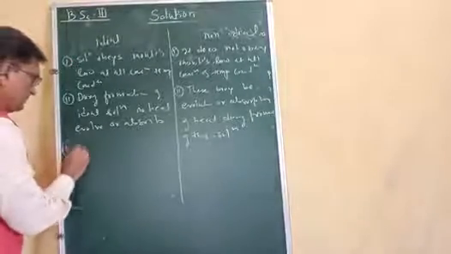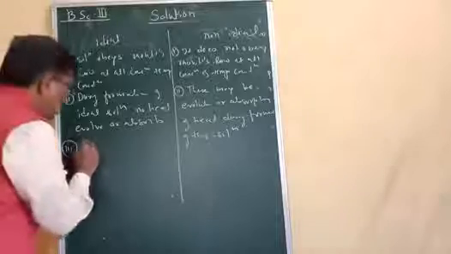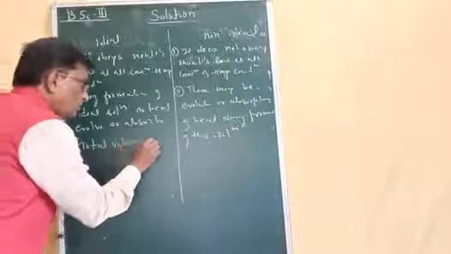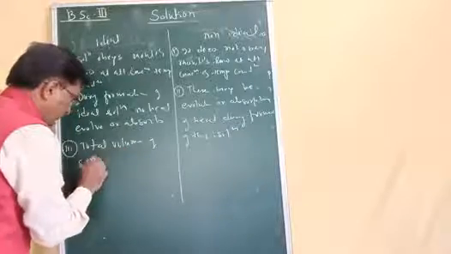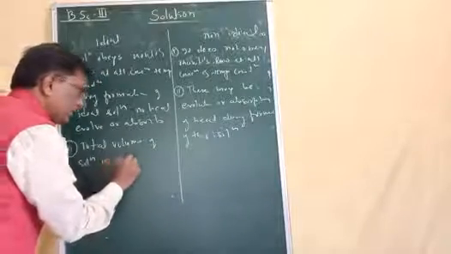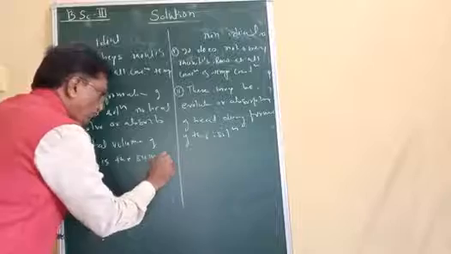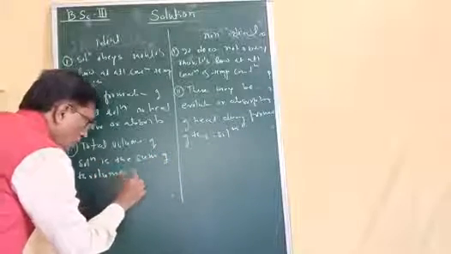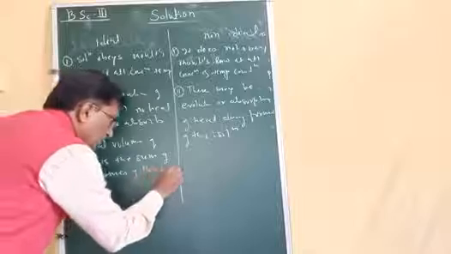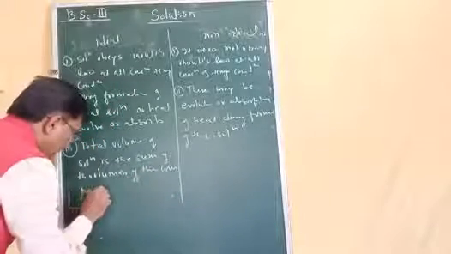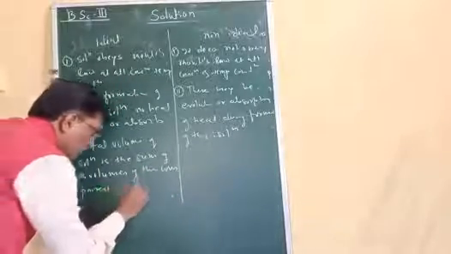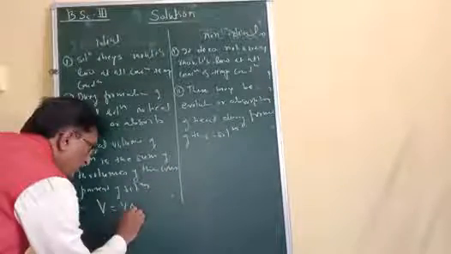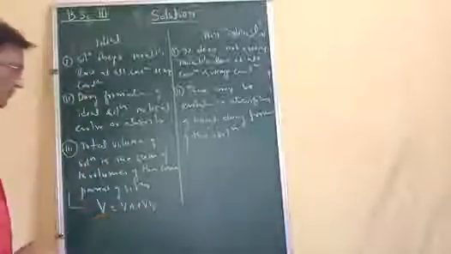Third difference. The total volume of an ideal solution is the sum of the volumes of the components of the solution. That is, V is equal to VA plus VB.